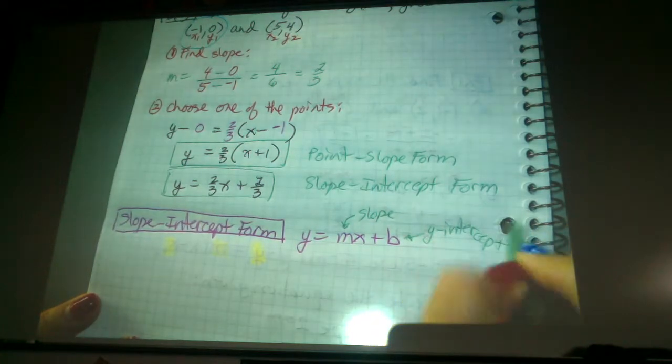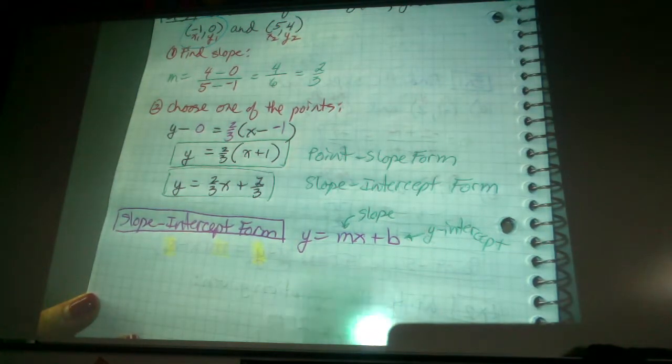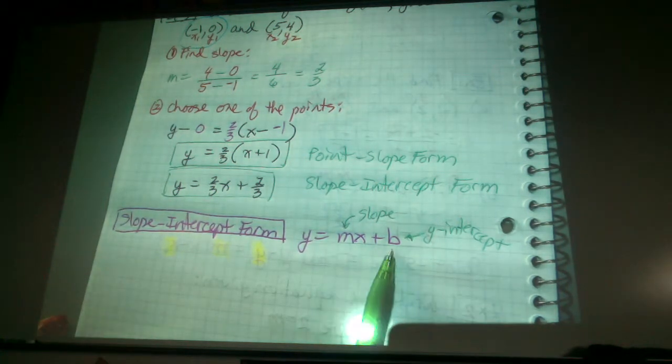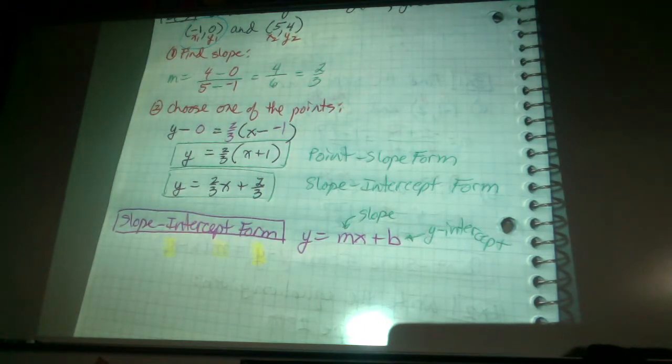Again, you'll never see me demonstrate using this to write an equation of a line unless I am directly substituting in m for slope, and if I've been given the y-intercept, I'll directly substitute in there and it has no work. Otherwise, I'm always going to be using point slope, 100% of the time.